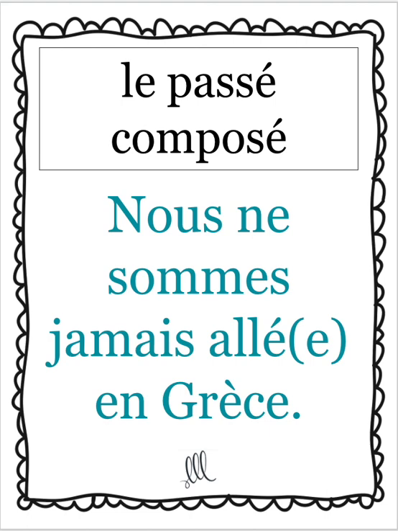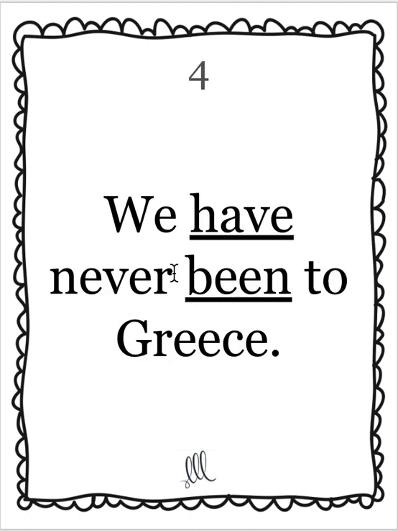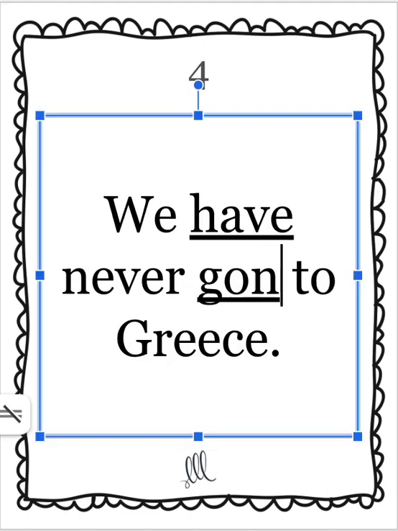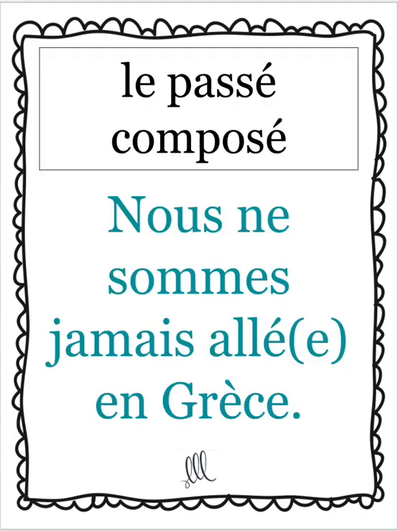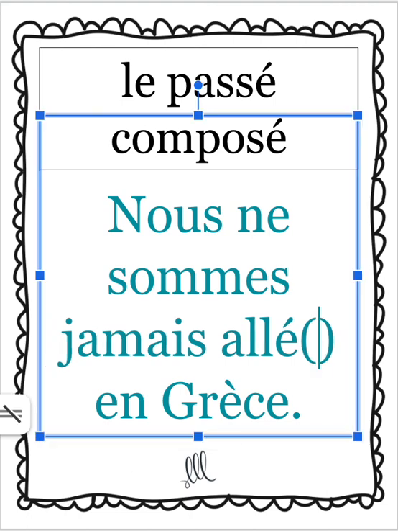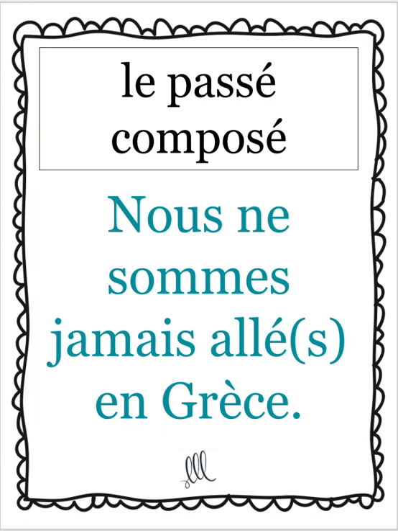Now look, maybe I should have said we have never gone to Greece, because that's what my translation looks like. Nous ne sommes jamais allés en Grèce. Pardon, avec un S. Nous ne sommes jamais allés en Grèce. Oui, donc c'est le passé composé.